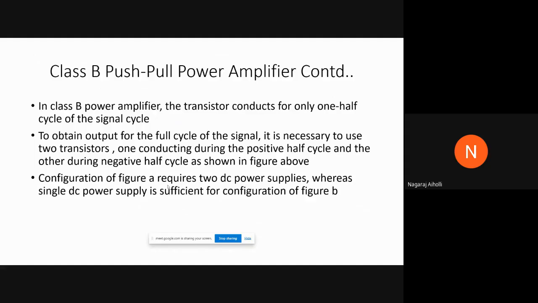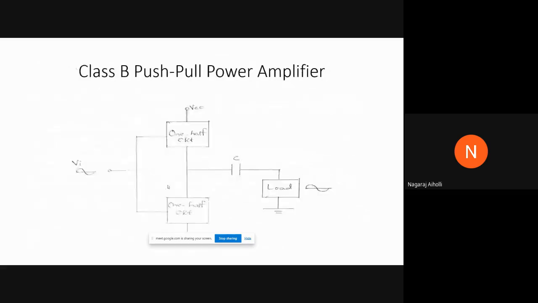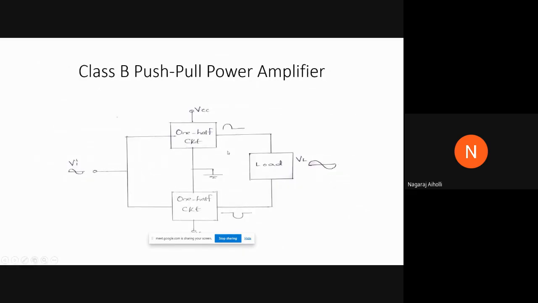Now there are two configurations for the Class B push-pull power amplifier. In the first configuration, it requires two DC power supplies, whereas in the second configuration, only one power supply is sufficient. This is the Class B push-pull power amplifier requiring two power supplies. VCC one here for the upper circuit, and for the lower circuit there is one more VCC.